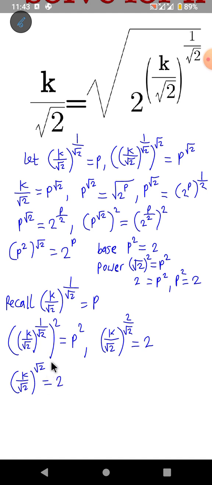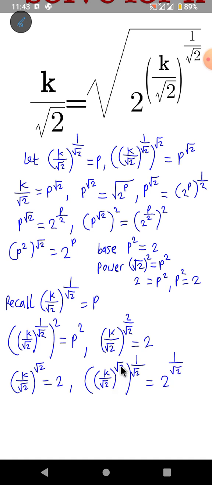My next step now will be to raise both sides of this equation to the power of 1 over root 2 to remove this root 2 power here. So I'm going to do that now. Open bracket again, we have (k over root 2) raised to the power of root 2, then close the bracket, then all raised to the power of 1 over root 2, equal to 2 raised to the power of 1 over root 2.